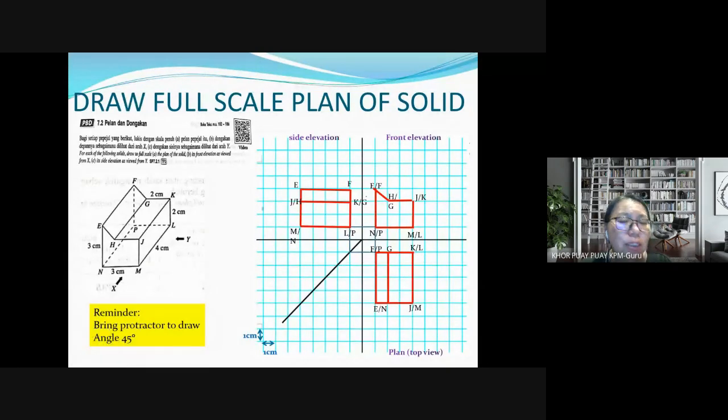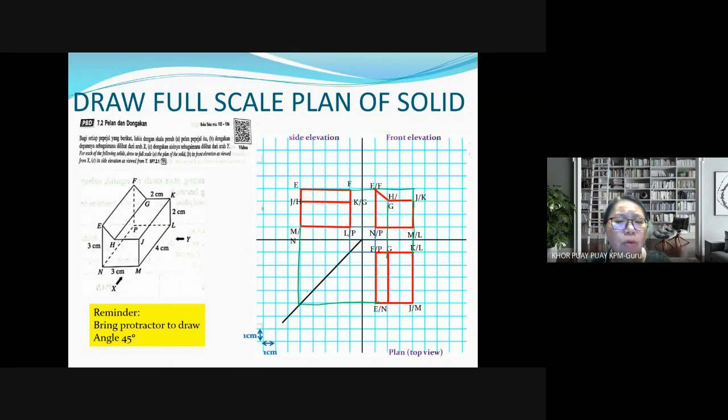Connect one end to another end, one end to another end. From here you will connect to your 45 degrees line, and the 45 degrees line connects to this end. So all the lines must be connected to show that it is related.